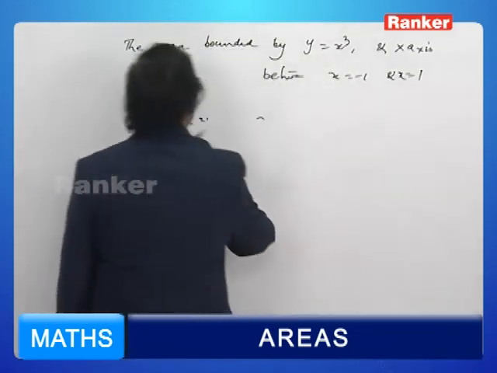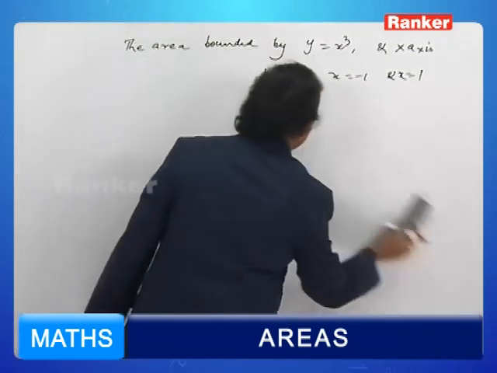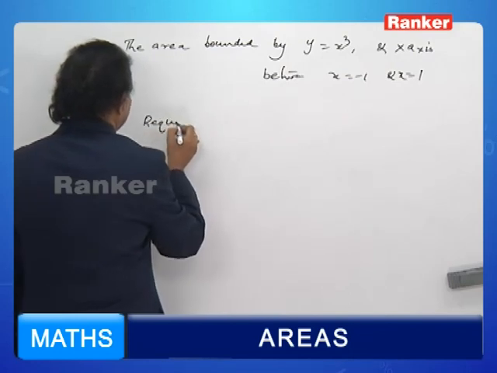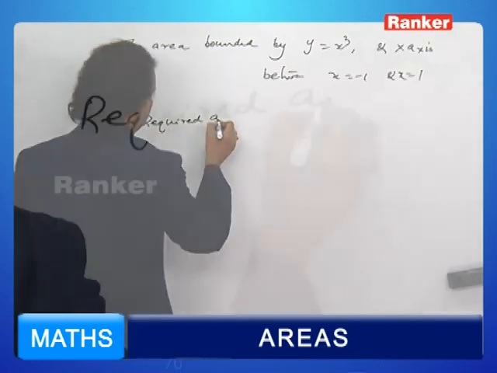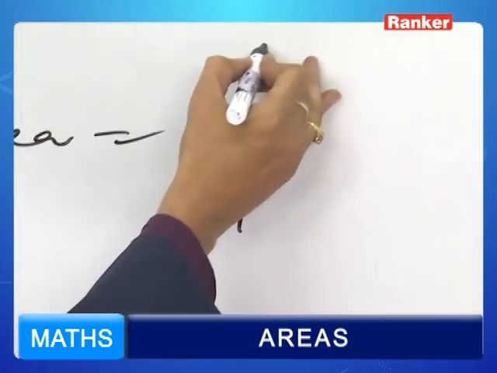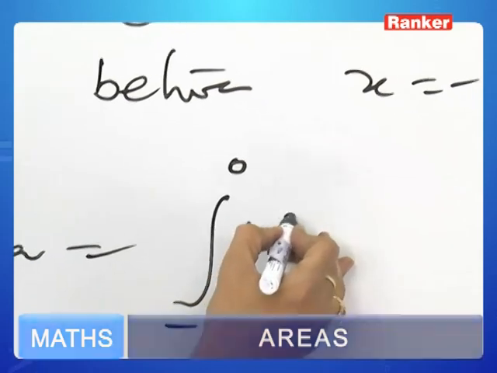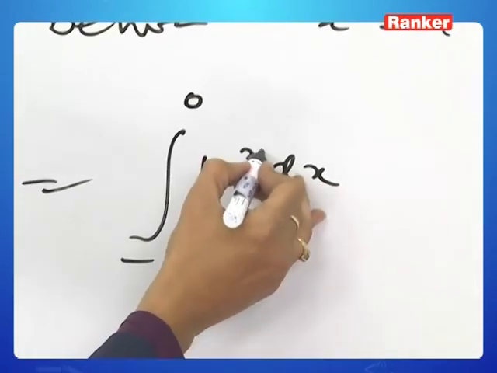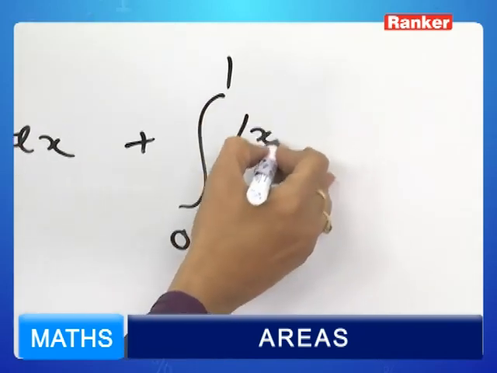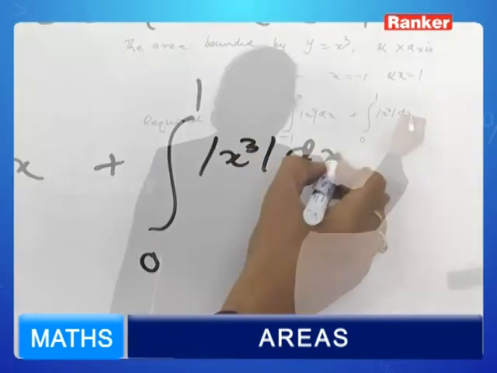Therefore, the required area is integral minus 1 to 0 mod x cube dx plus integral 0 to 1 mod x cube dx.